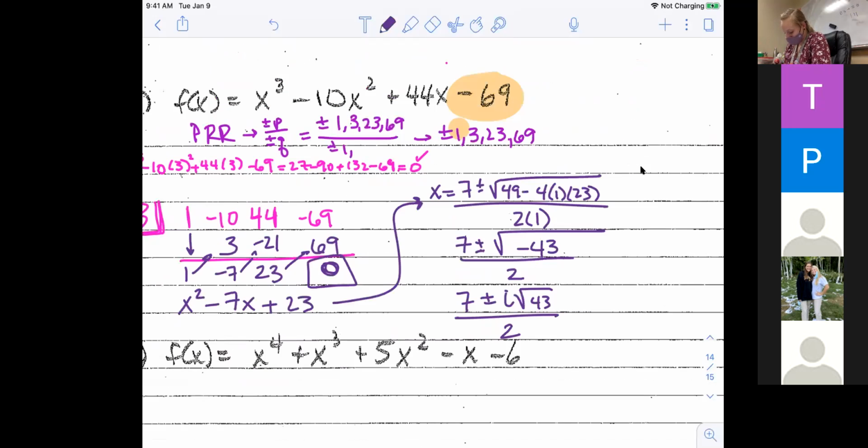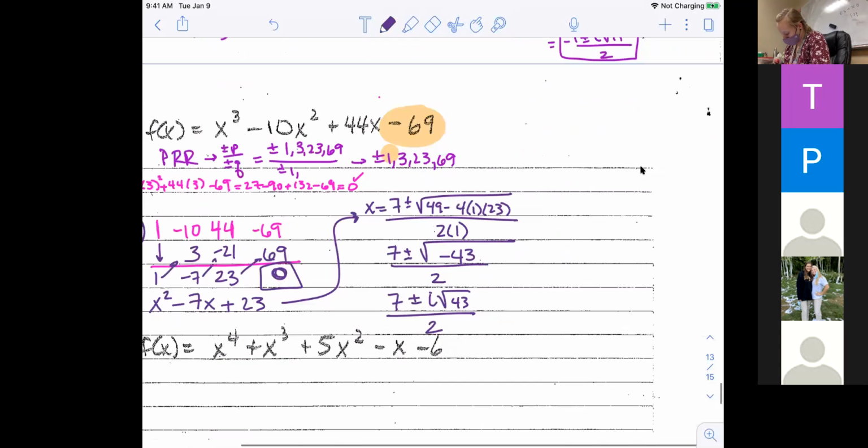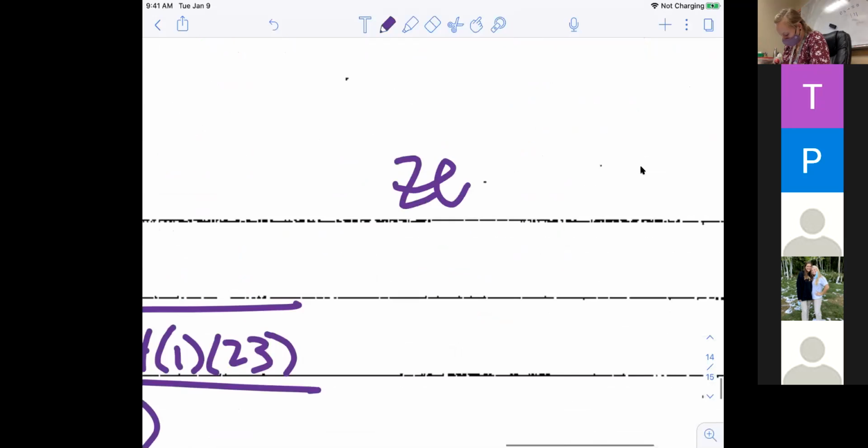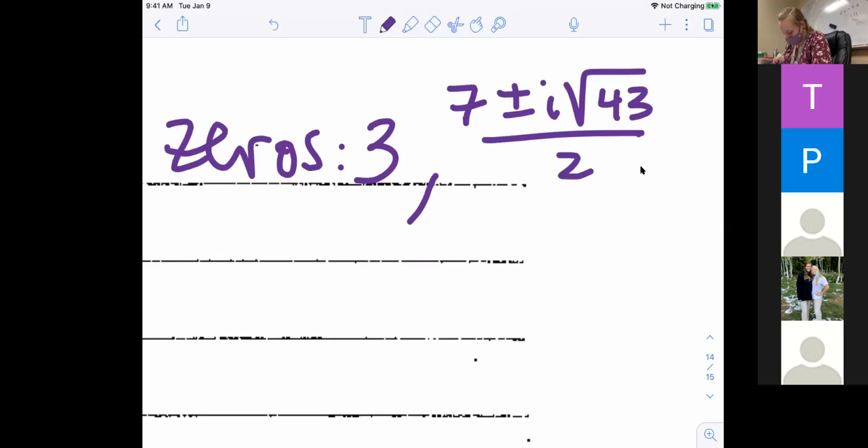And that and 3 are my zeros. So I'm going to write them over here, zeros. 3 and then 7 plus or minus i root 43 over 2.